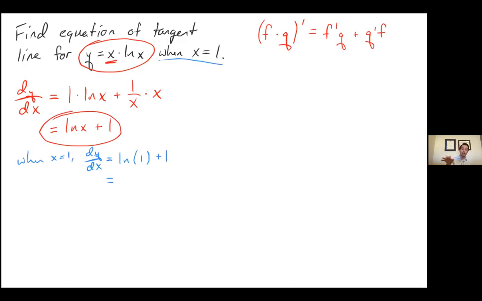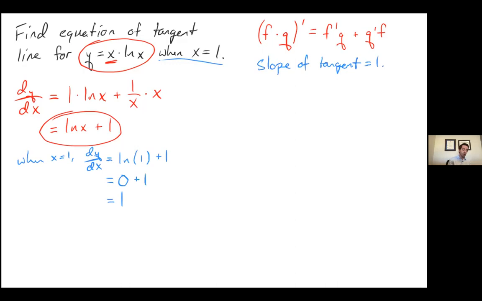The logarithm in any base, including e, of 1 is equal to 0, because e to the 0 is how you get 1. So this is 0 plus 1, which is 1. So what this tells us is that the slope of the tangent line is 1.